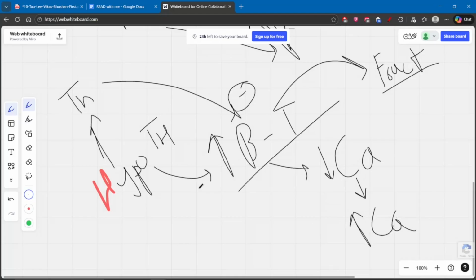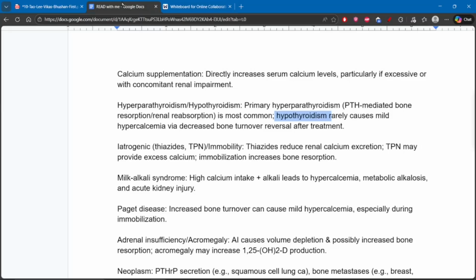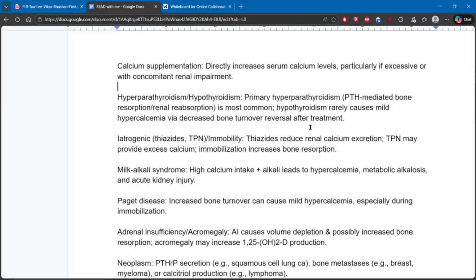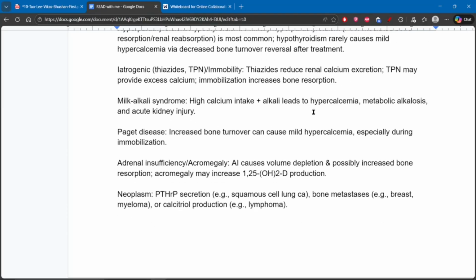So that's how hypothyroidism can lead to hypercalcemia. But this is a very indirect mechanism, something which is not really tested, but nonetheless important for you to know. So these are the hyperparathyroidism and hypothyroidism mechanisms that cause hypercalcemia.